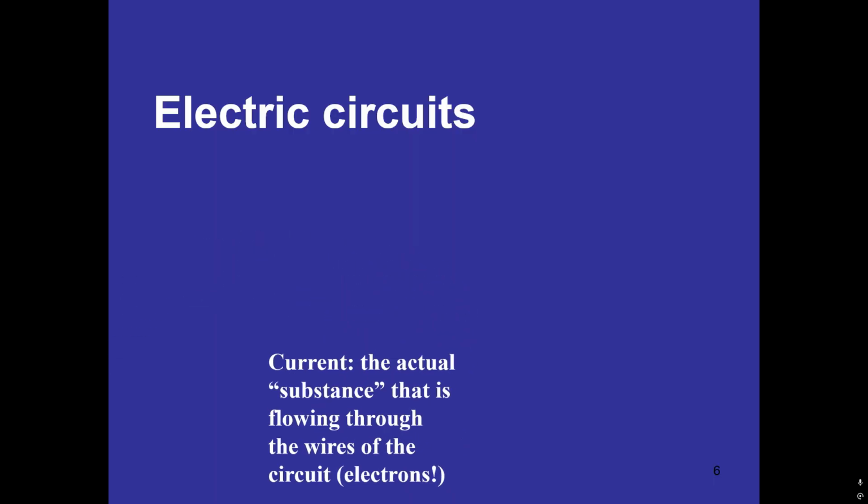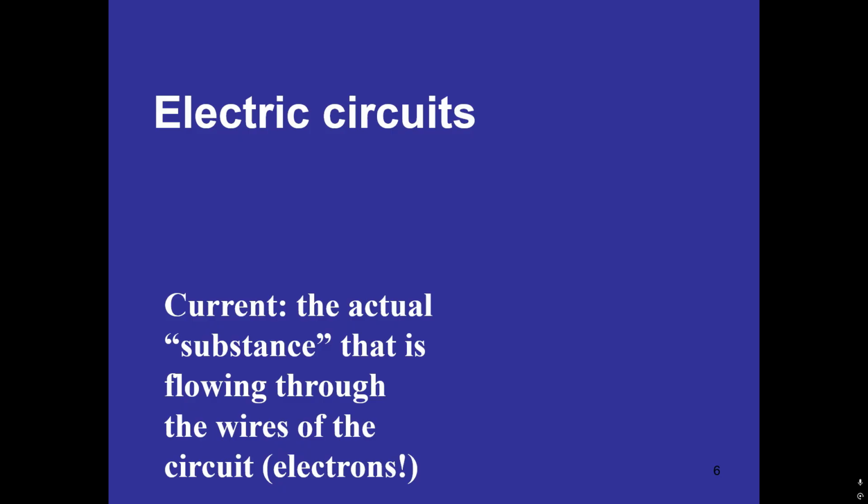Electric circuits, in that what is current? We have already said what is current. The actual substance that is flowing through the wires of the circuit. The flow of electrons through wires or through the conductor is nothing but current.